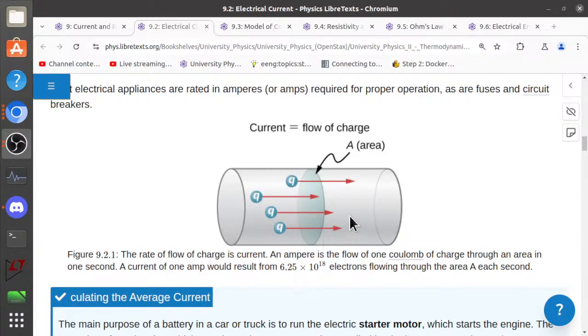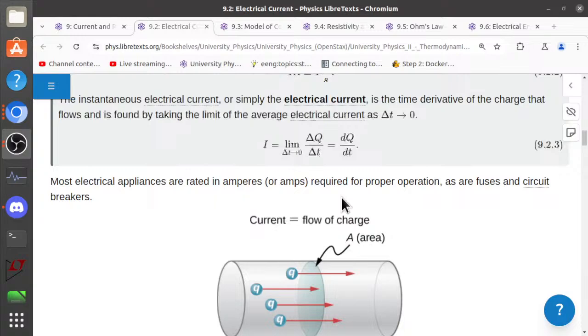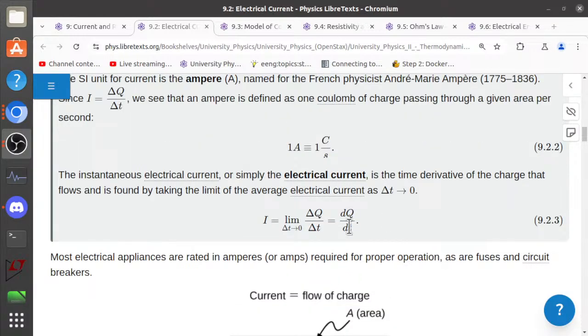And the amount of charges transported by the electrons through the area per time is what we call a current, which means it's the transported charge, not just by one particle, but you have, I don't know, 10 to the power of 23 particles moving over a certain time through a cross-section. This is what we call the electric current, right?